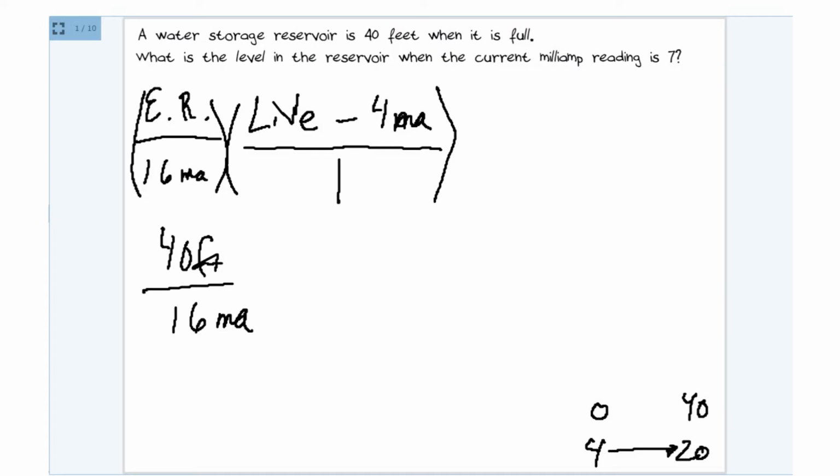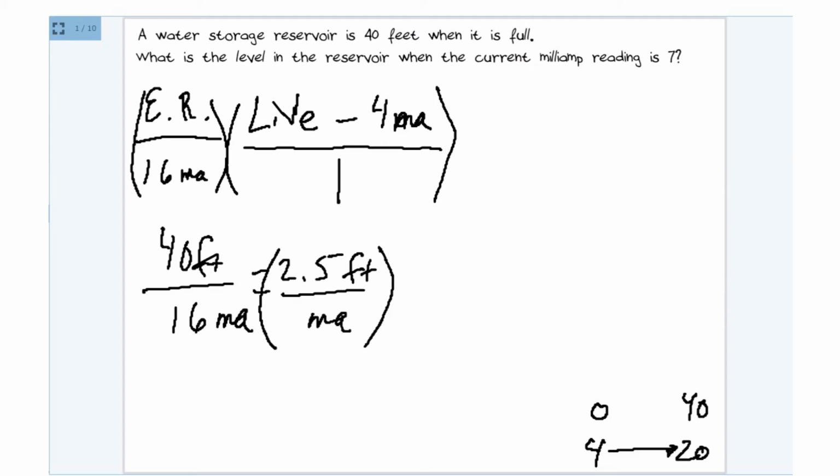If you're not familiar with converting units of measure, then see my first video. And this is going to simplify to 40 divided by 16, which is 2.5, and we're left with feet over milliamps. Okay? Believe it or not, we're already halfway there.